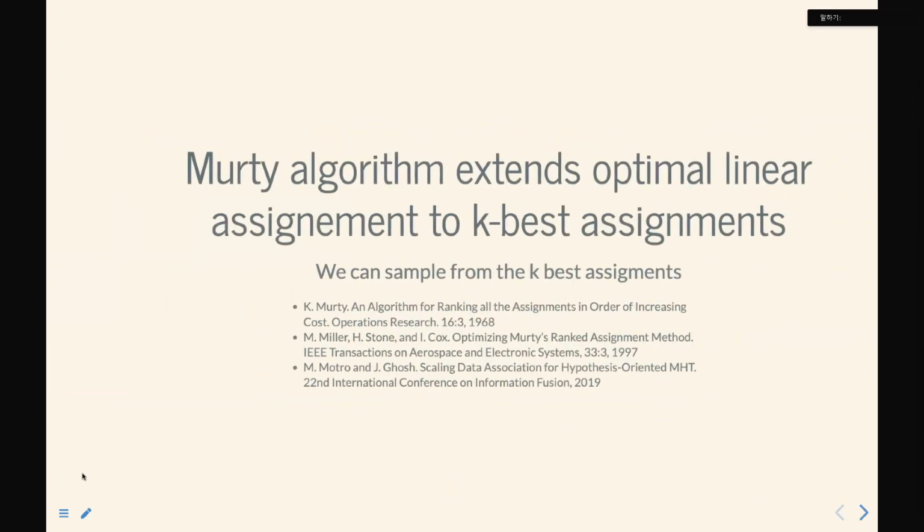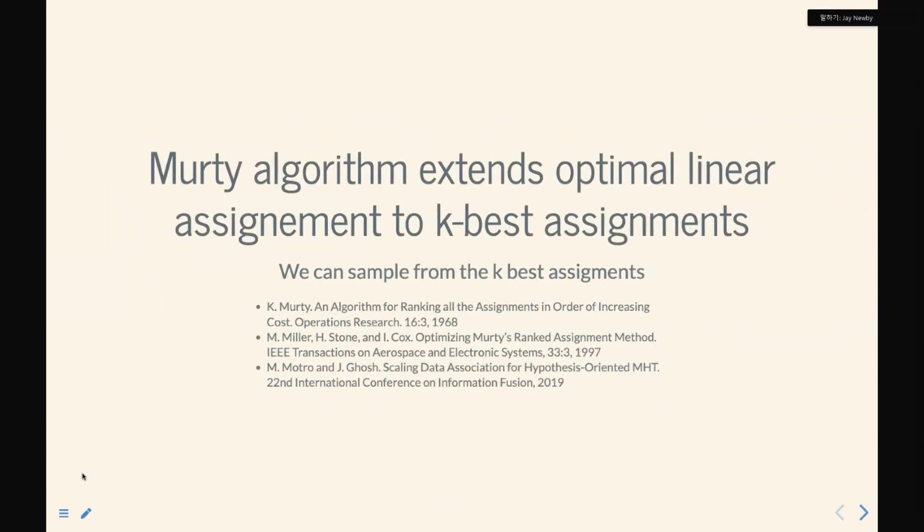Okay. How do we turn an optimal assignment into a distribution? Well, there's a nice extension of this algorithm called the Murty algorithm, and it's very similar to what they call a branch and bound algorithm for doing integer programming, where you can get the k best. K is just any number, so I can find the k suboptimal solutions.